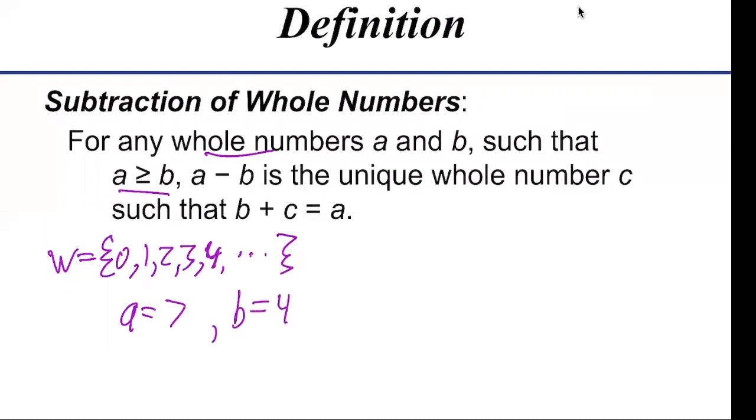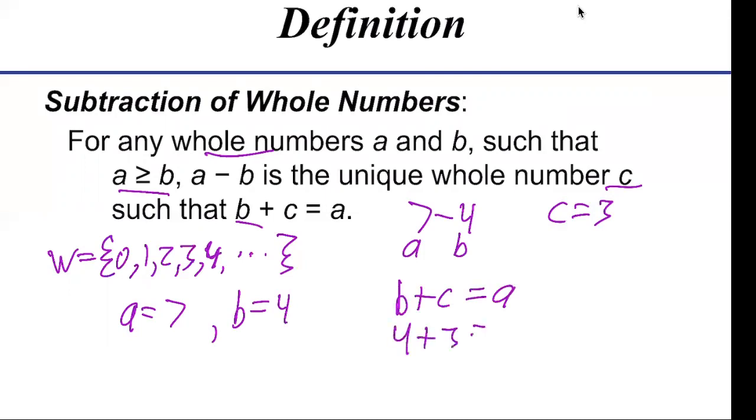This definition says 7 subtract 4 is the unique whole number C. So in this case, we know C is 3, such that, remember this is A and B, B plus C equals A, which is 4 plus 3 equals 7.